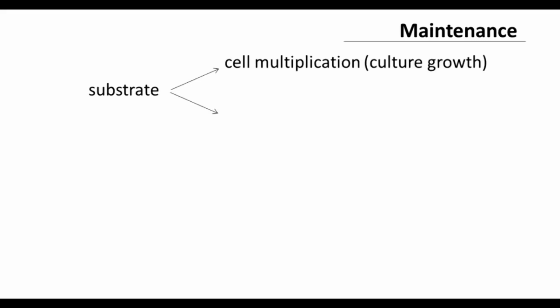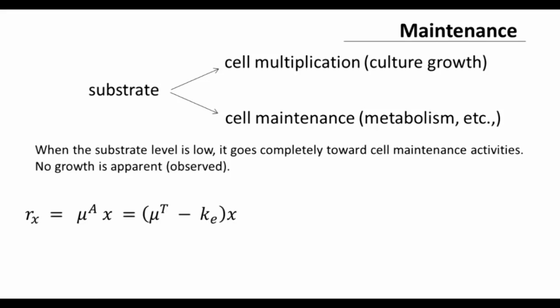And then we looked at the concept of maintenance, which is the substrate going to maintain the activities in the cell first, such as metabolism, transport, and genetic processes. And then after satisfying this, it goes towards multiplication. Therefore, when the substrate level is very low, one may not see growth at all.